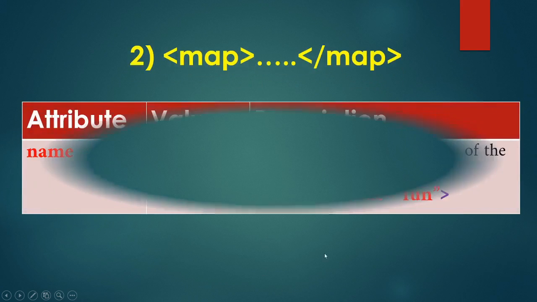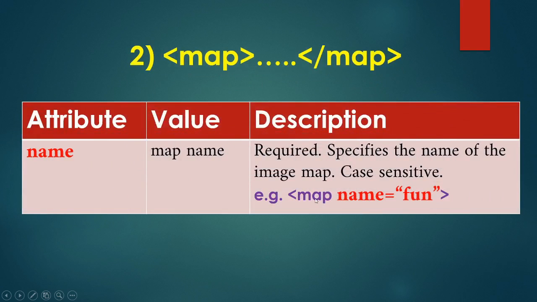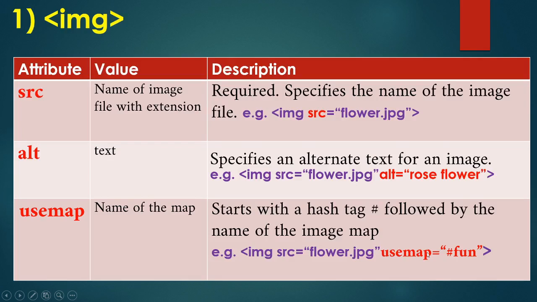So one thing you have to take care of is that whatever name you give under this map tag, that is, the map attribute name is equal to fun, the same value should be there as the usemap value with a hashtag. Remember this very carefully, otherwise you will not be able to connect the image with the help of a hotspot.